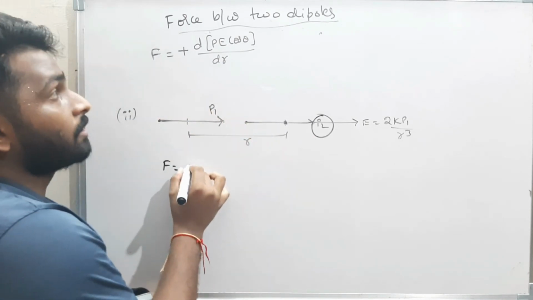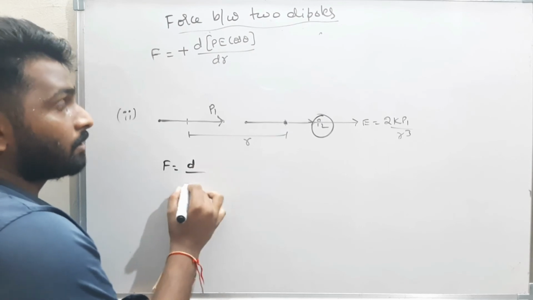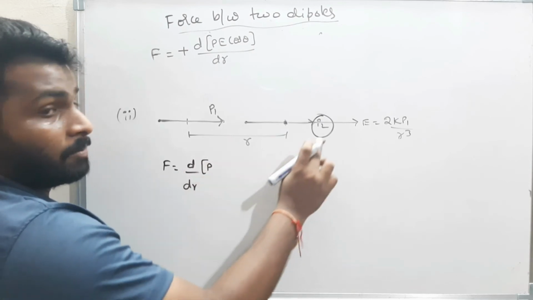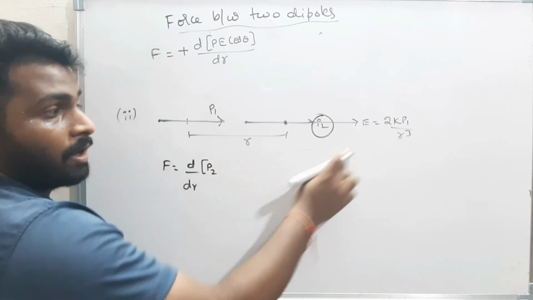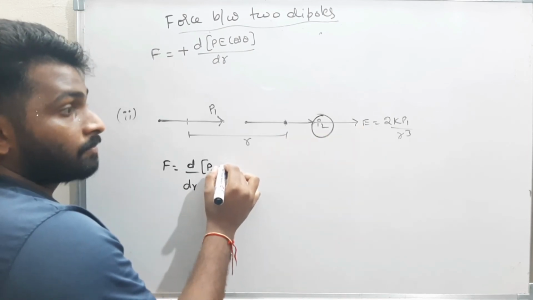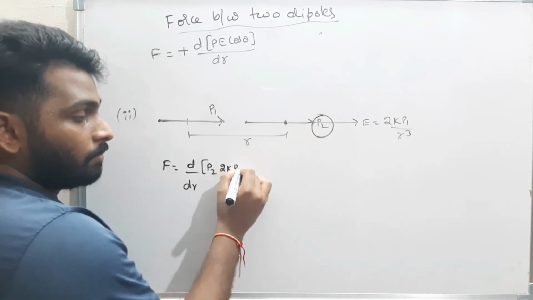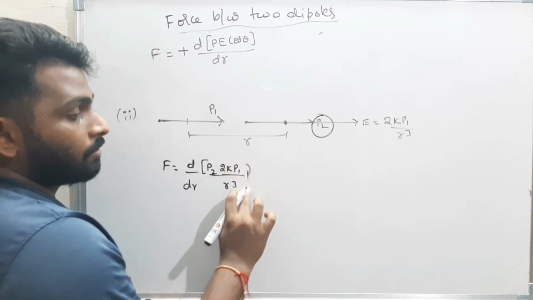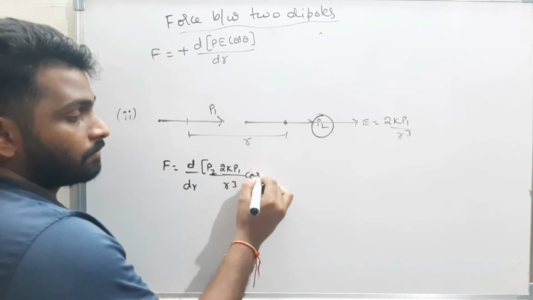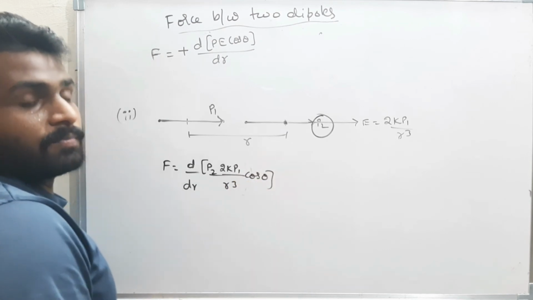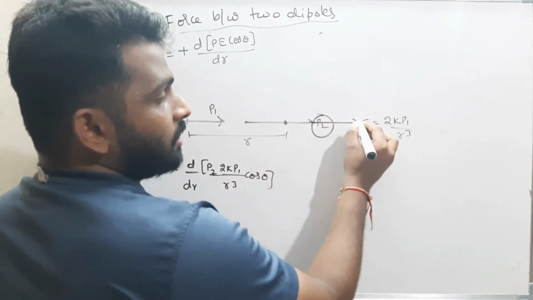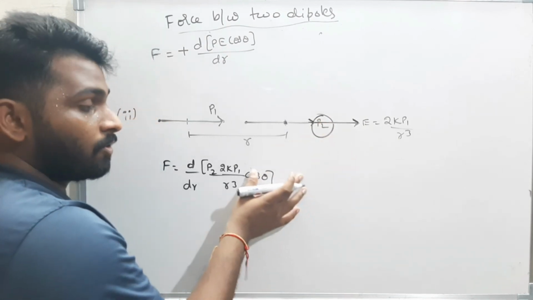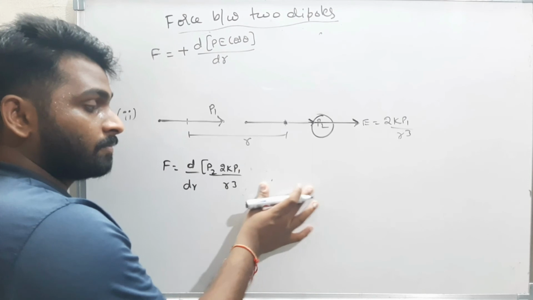The force is the dipole moment P2 times dE by dr, where E is 2k P1 by r cubed into cos theta. The electric field direction and the dipole moment are in the same direction. Therefore, theta is 0, cos 0 is 1, so I can leave it.